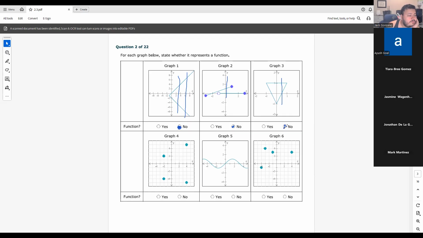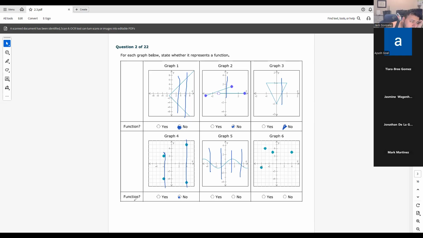What about number four? What do you think? Yeah, it looks like if I draw a line through these two points, I hit two spots, right? So no. This one looks good, right?